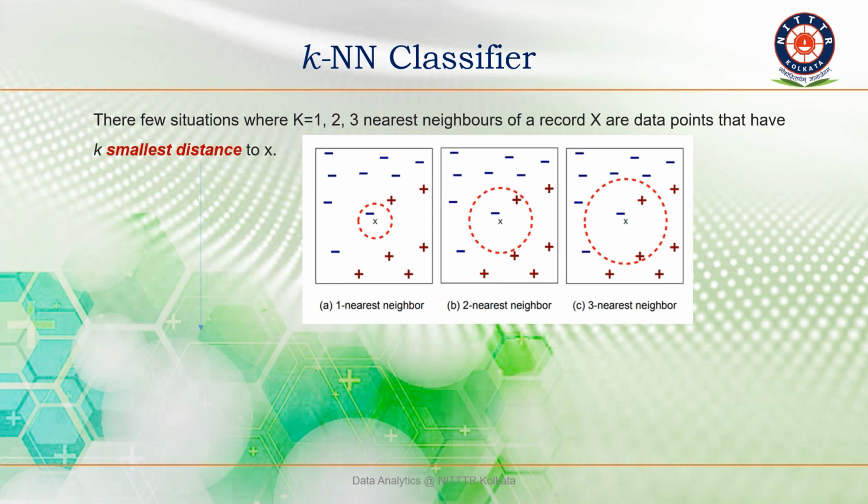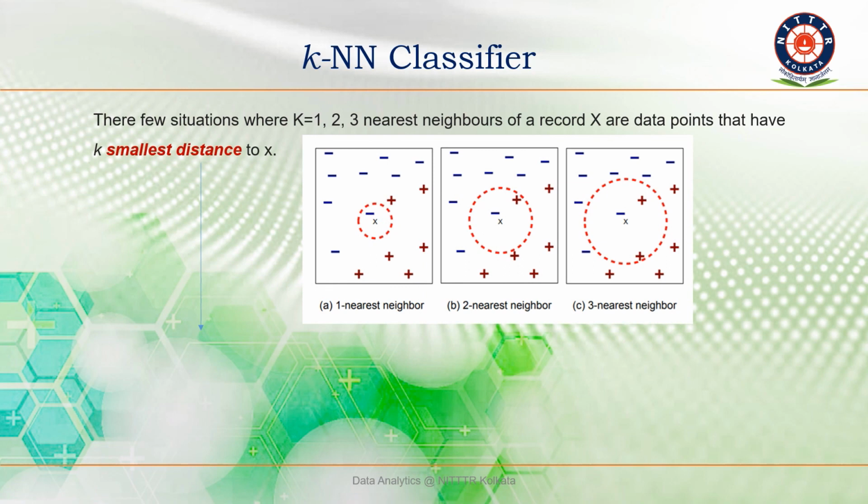In this way, k may be 1, k may be 2, k may be 3. That is the one nearest neighbor classifier, where with respect to the label x in the diagram, only one point is the closest, and that is minus. So, the unknown pattern x is classified in the class which has the minus symbol.